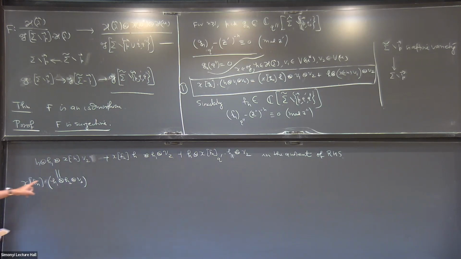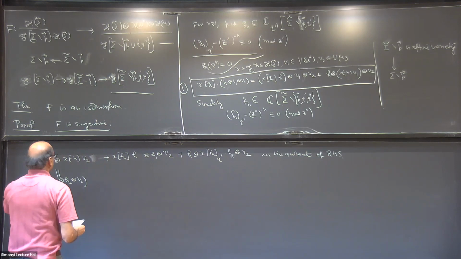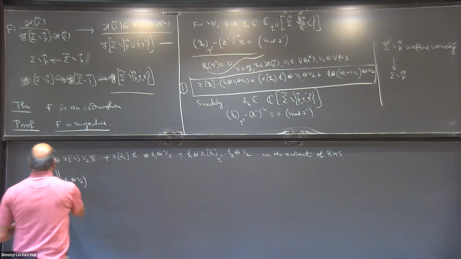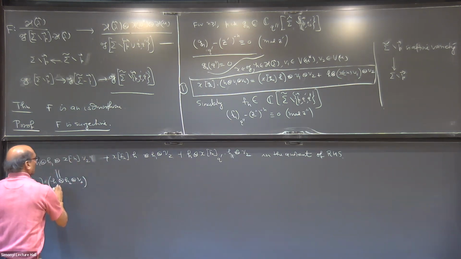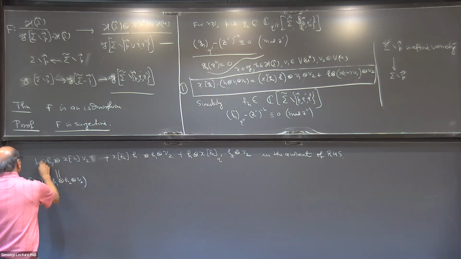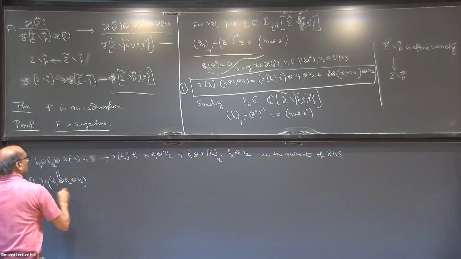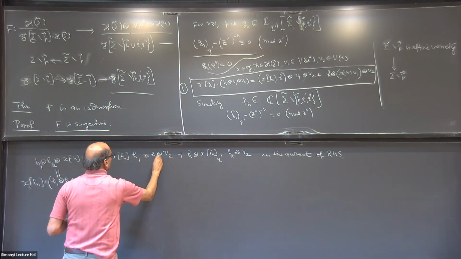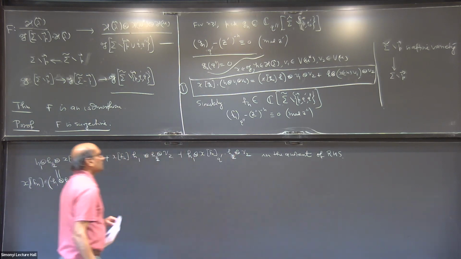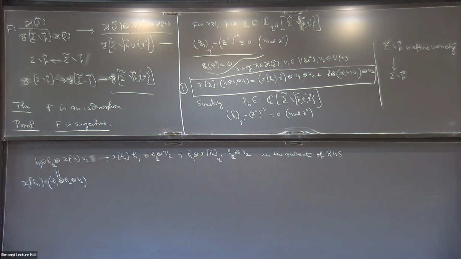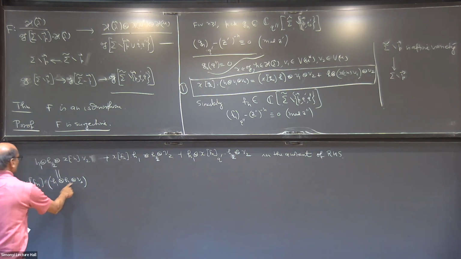So X of Fn here will be, okay, so X of Fn H. Well, let me put H1 and H2 then, sorry.